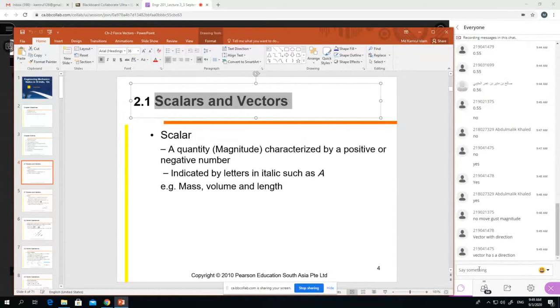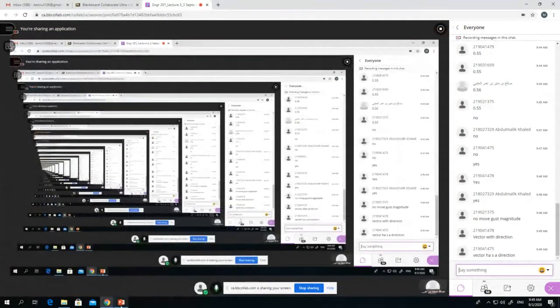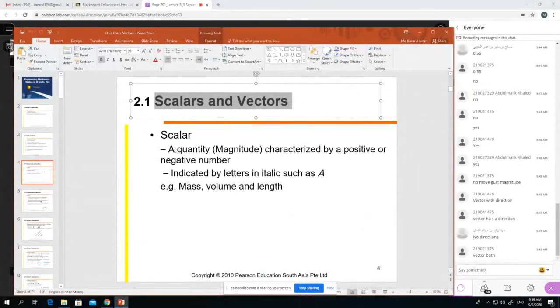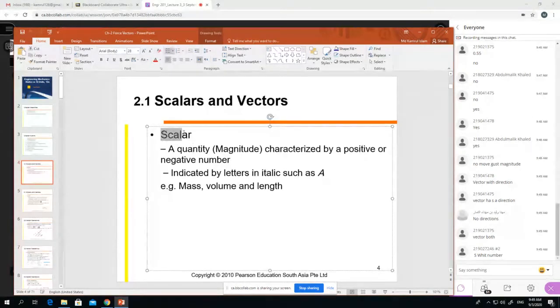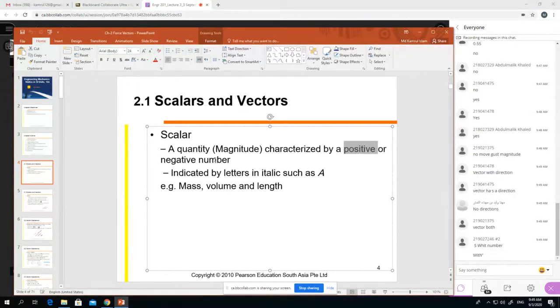Vector has direction, vector with direction. Okay, fine. So what is a scalar? A scalar is a quantity or magnitude characterized by a positive or negative number, and indicated by some number.